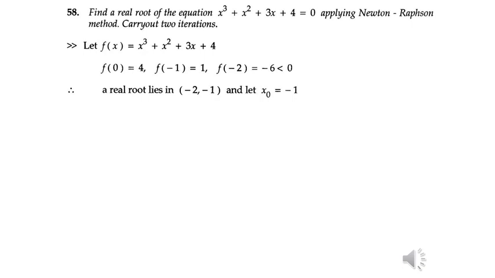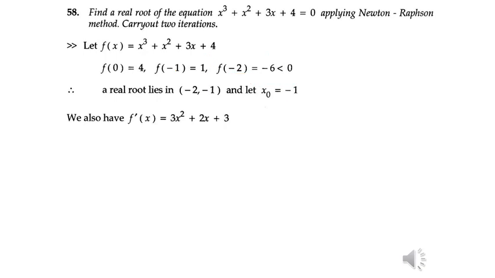And we take x naught as -1 because this 1 is very near to 0 than -6. So we take x naught as -1, and we start with the iteration of Newton-Raphson method.